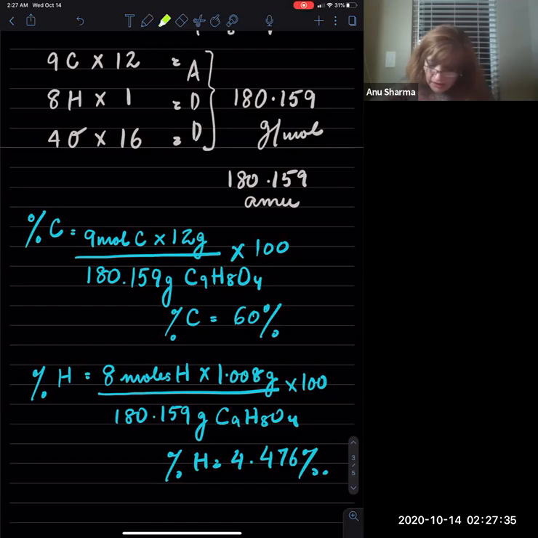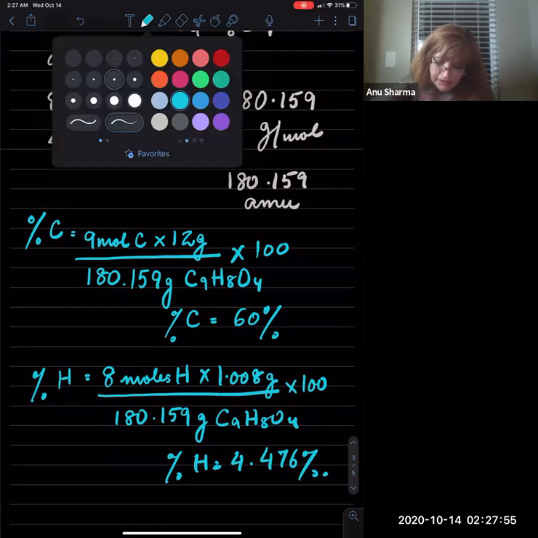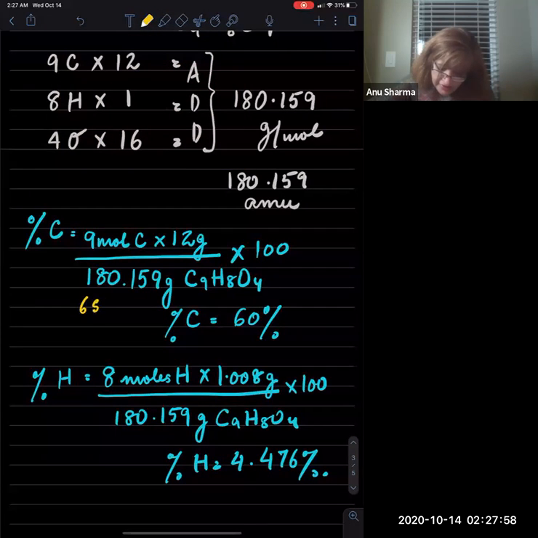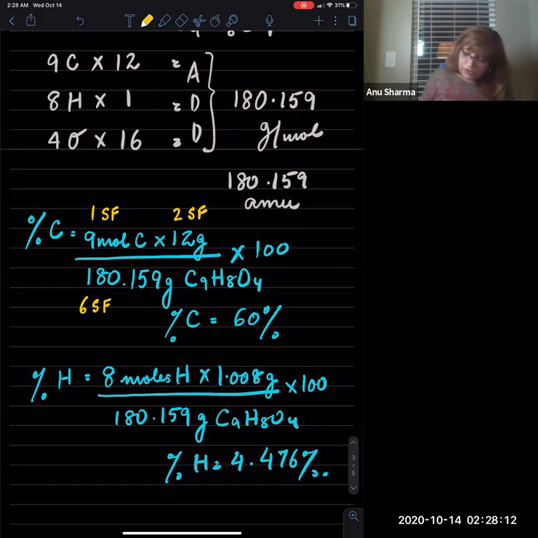This is one significant figure for the 9, two significant figures for the 12, and 6 significant figures for 180.159. So what should your final answer be? We can't have 6, obviously, so it's just 60%. It makes sense, so just leave it that way.